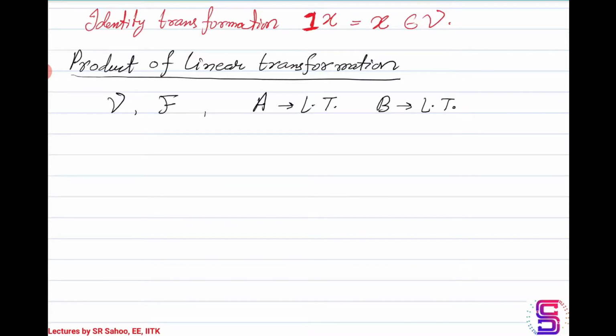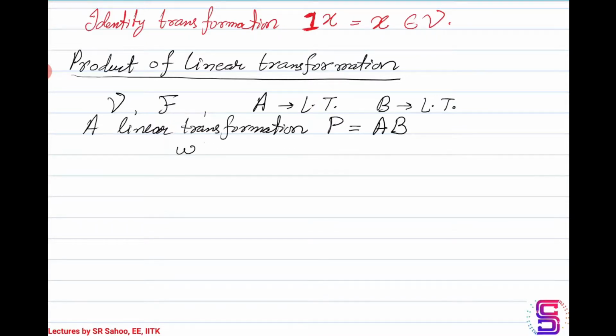A transformation P is said to be a product of A and B when P of x is essentially equal to A acting on the transformed vector Bx. And this is true for all x in the vector space.